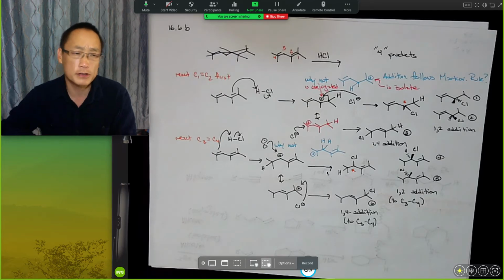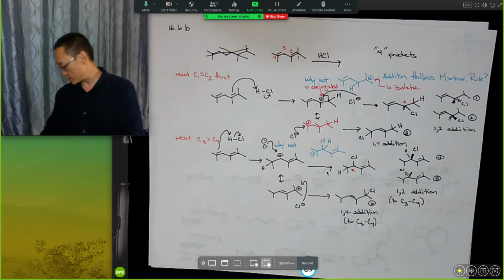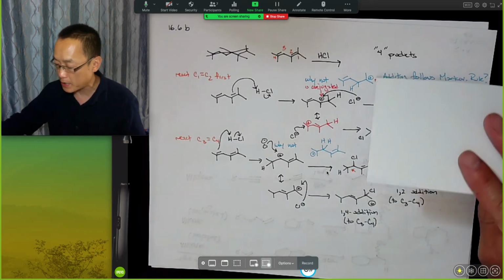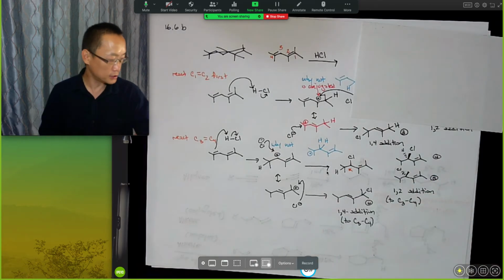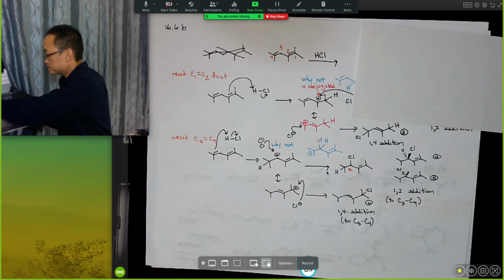Now, how would this actually show up on the examination? Let's take a look at isolating some of these ideas here and saying, hey, could you provide a mechanism that leads to the formation of product number 3.